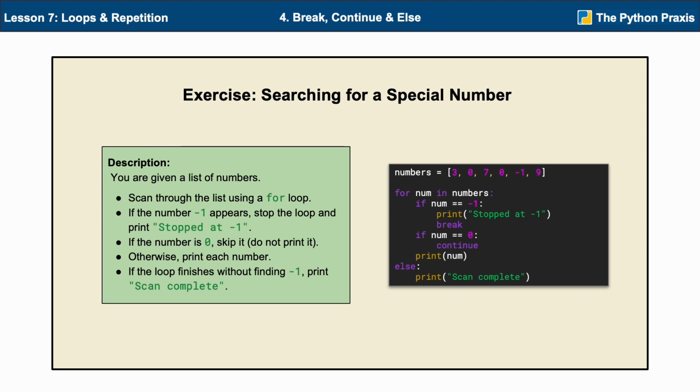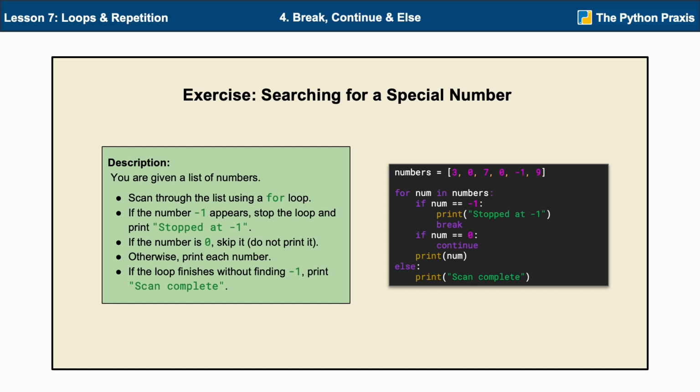Let's see the code now. The first line creates a list containing 6 integers. After that, we start a for loop that goes through all the numbers in the list. Inside the for loop, we have an if statement that checks if the number is -1. If yes, it prints the message "stopped at -1" and breaks the loop there. If not, the loop continues with a second if statement that checks whether the number is 0.